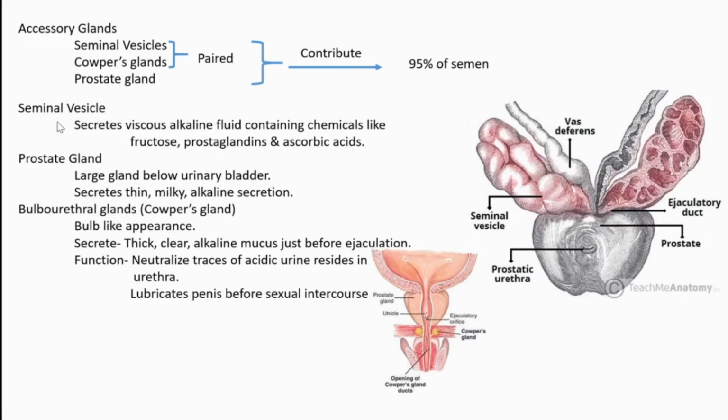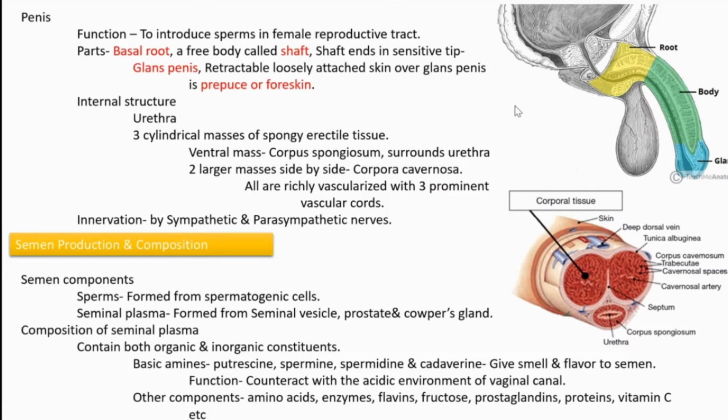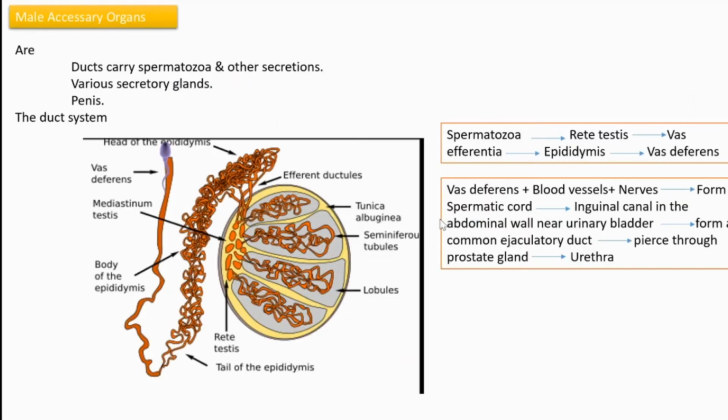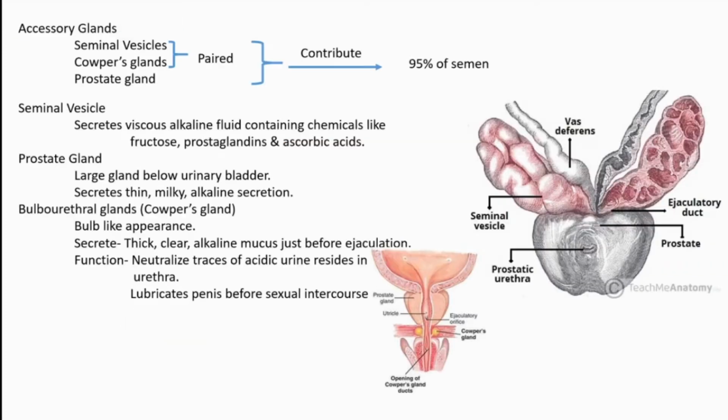Then we need to understand the seminal vesicle. The seminal vesicle is this one and this one. And before that, I have already told you about the spermatic cord, where is that? Spermatic cord. Two cords are coming, one from one testis and the other from the other testis.